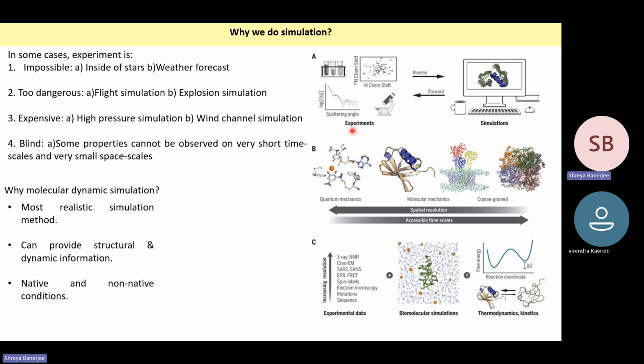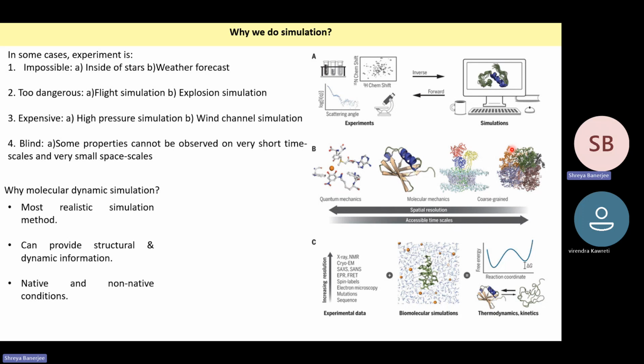So the time scale accessible by experiment is actually these time scales, like suppose rotation of one of the side chains, it cannot be observed by experiment. So the accessible time scales are actually more towards this side, where you can see the motion of the entire protein. So here there are 4 domains: orange, green, blue, and purple. There are 4 domains forming this quaternary structure of the protein.